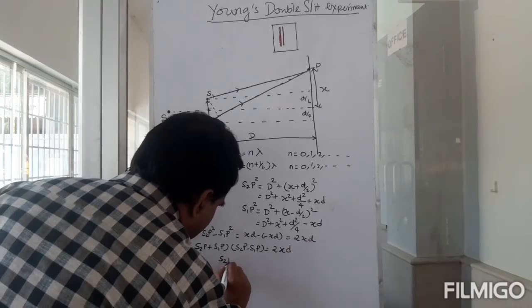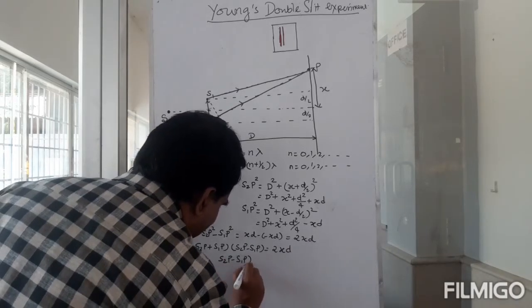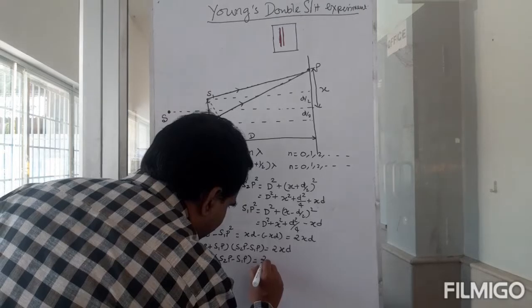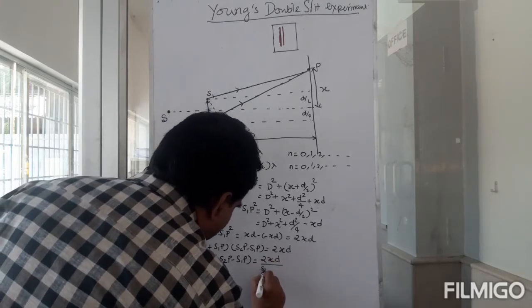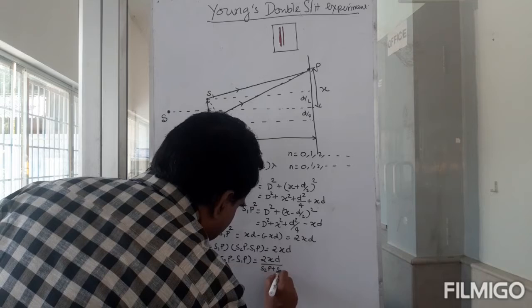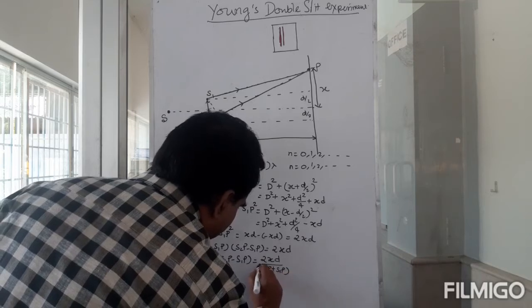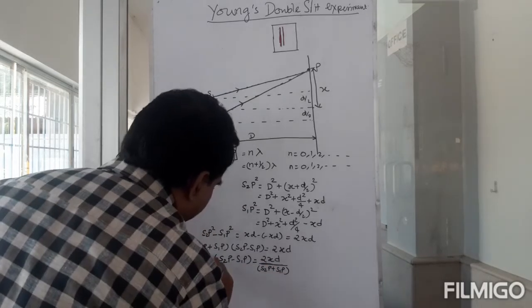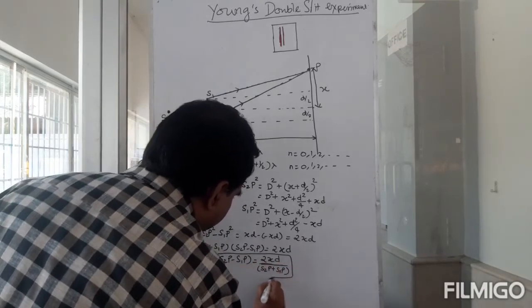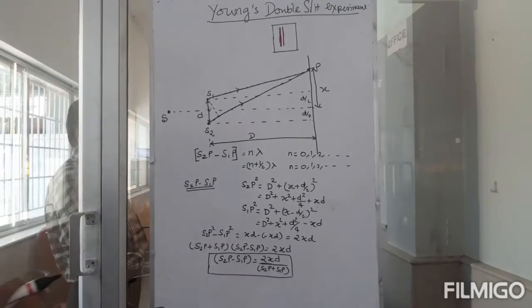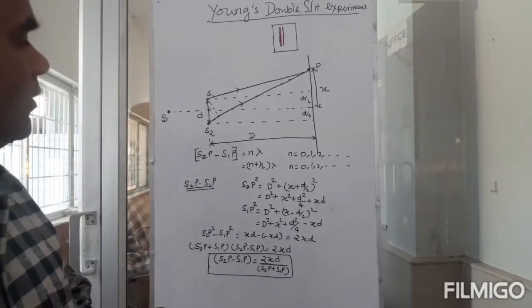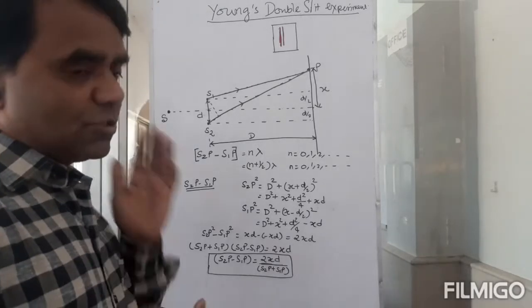S2P minus S1P is equal to 2xd by S2P plus S1P, which is good.